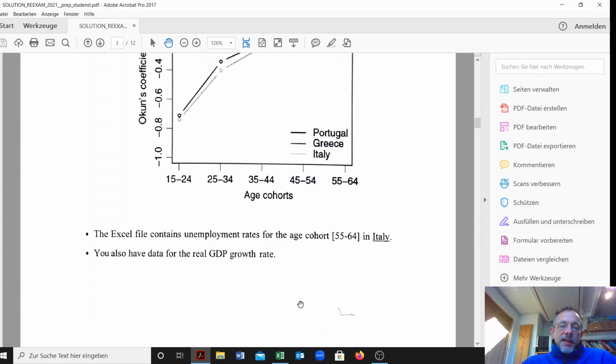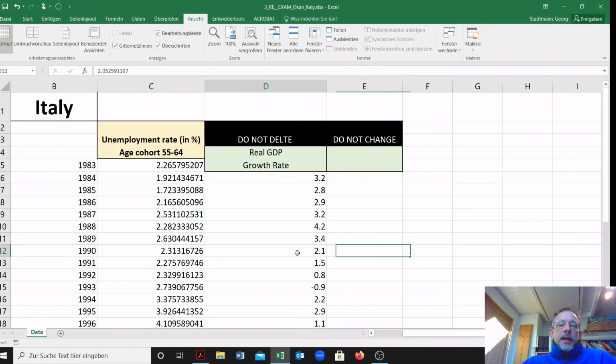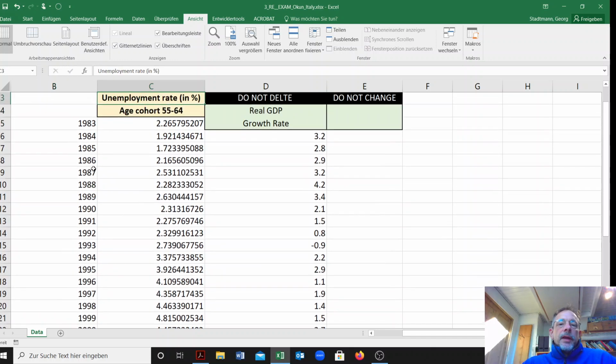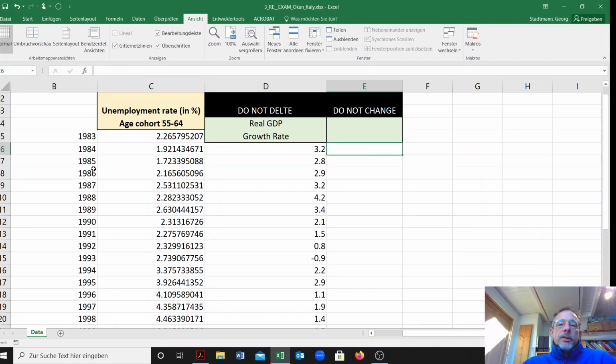So let's switch to the Excel file and analyze this. We have the unemployment rate in Italy for the oldest age cohort from 1983 all the way down to 2011. And then we also have the growth rate of GDP.